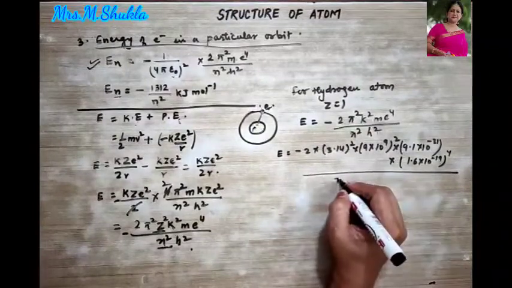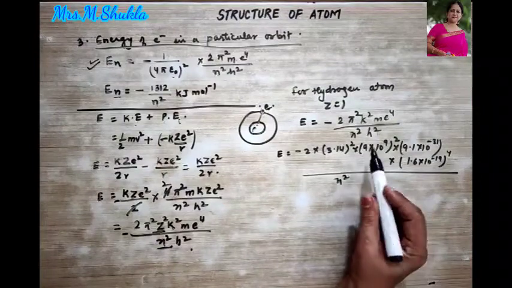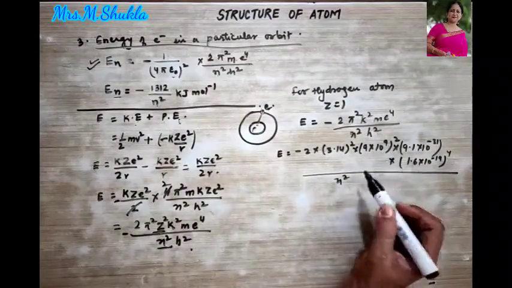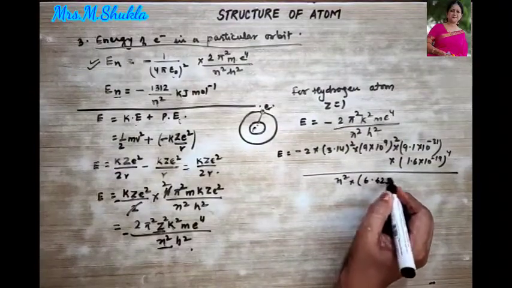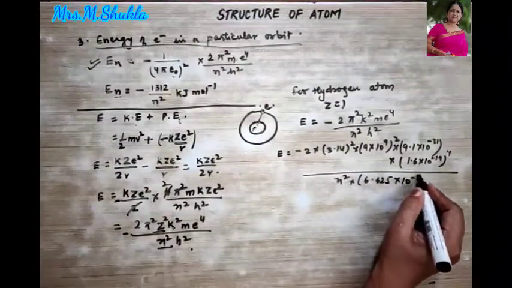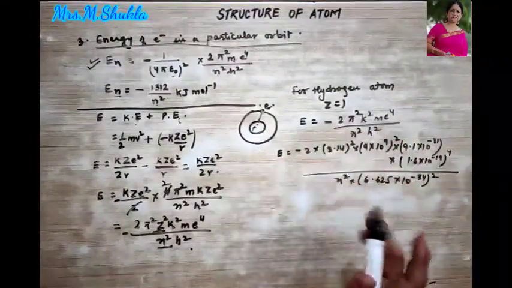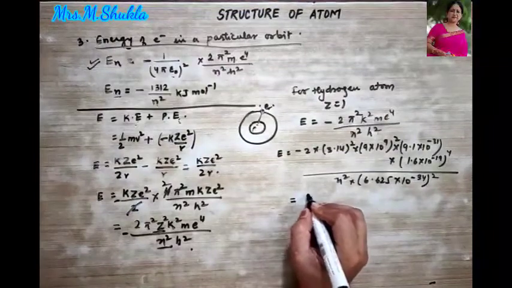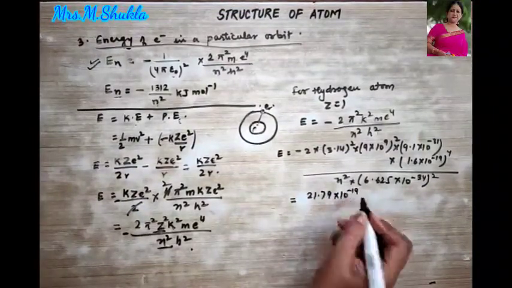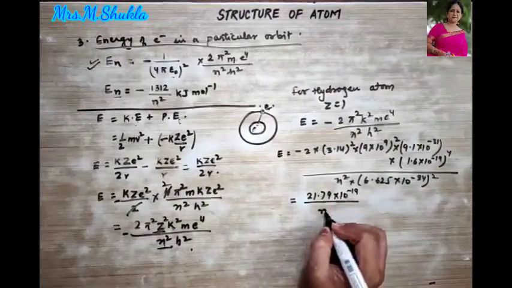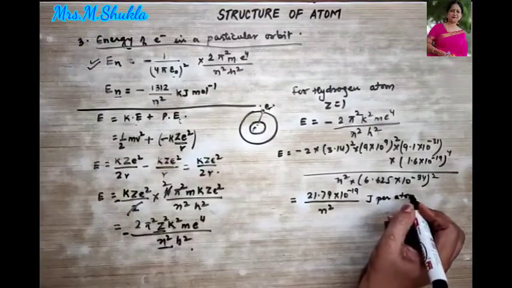Now n square we don't know, that is a variable that will be given in the question. Upon what is h? Planck's constant, 6.625 into 10 to the power minus 34 whole square. So when you calculate all this, it comes out to be 21.79 into 10 to the power minus 19 upon n square joule per atom.